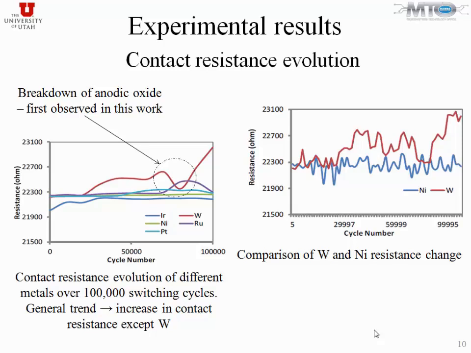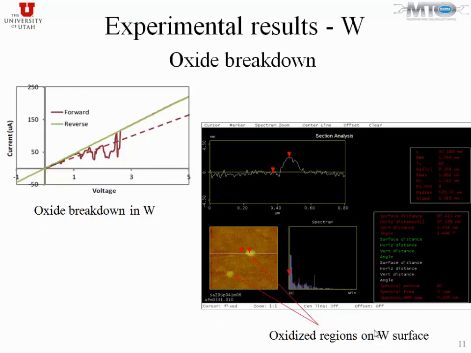There are maybe 5 or 6 active groups in this area in the United States, and all sorts of results are reported. A couple of groups use tungsten, and this work basically shows why they are observing what they are observing. So if you look at the current versus voltage very carefully in tungsten, you can see that this is a relatively large voltage in the overall scheme of things.